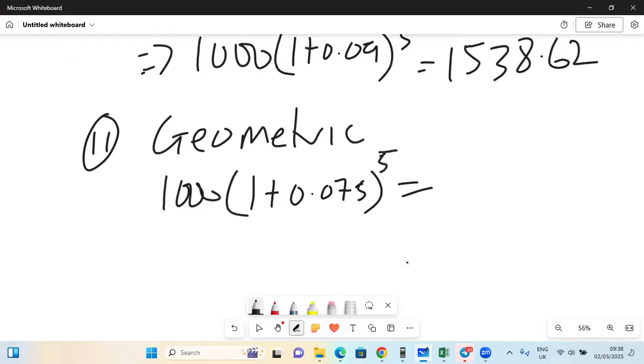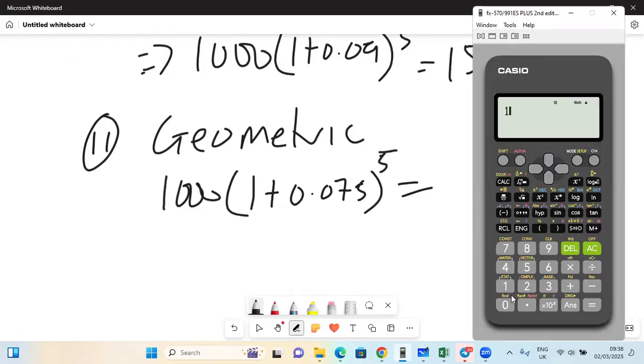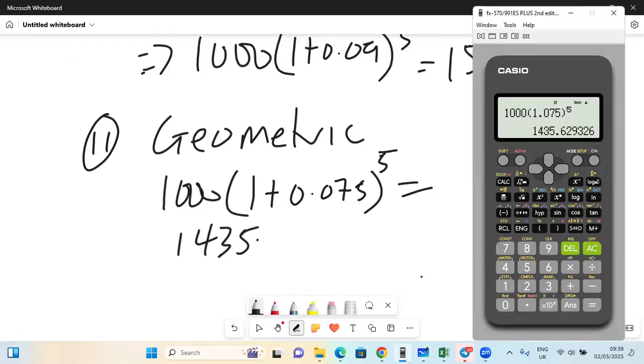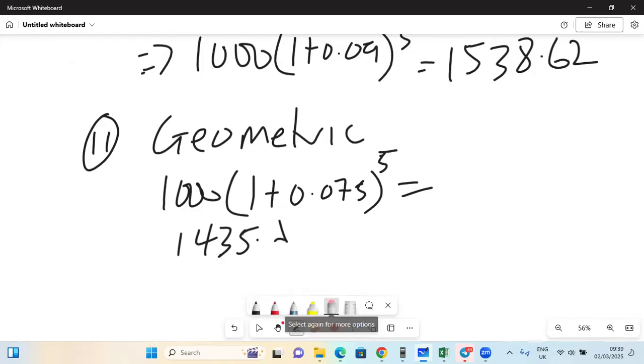It is going to give us 1,435.63. So that's it for the geometric.